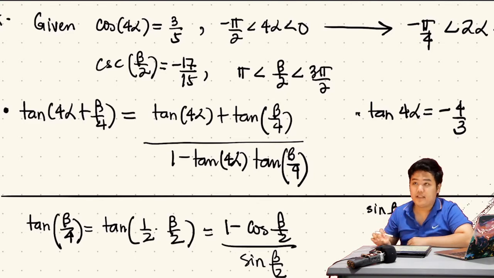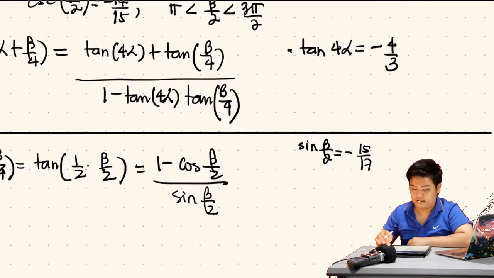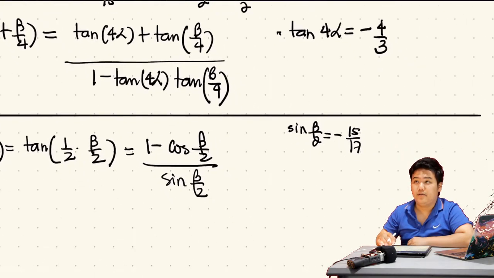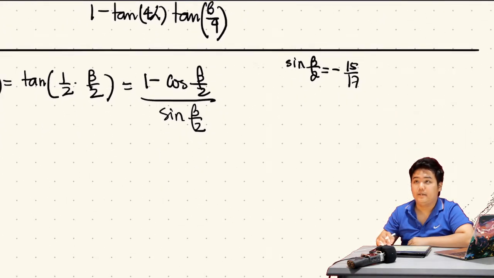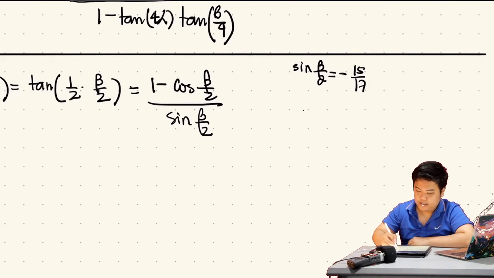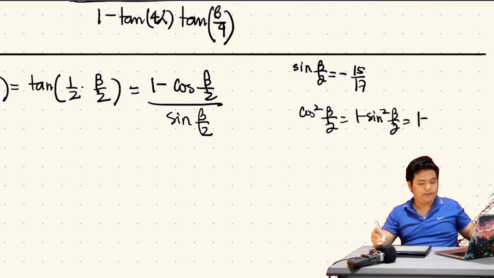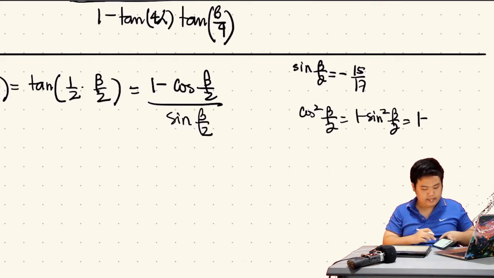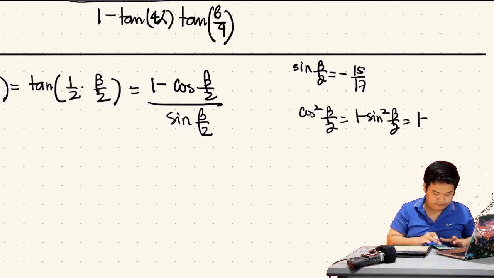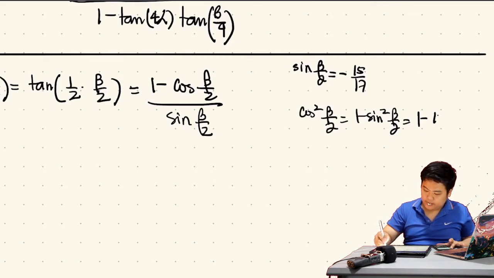How about yung cosine? Gagamit lang tayo ng Pythagorean identity. Okay, so cosine squared beta over 2 is 1 minus sine squared beta over 2, which is 1 minus, i-calculate na natin ha, 15 squared over 17 squared.